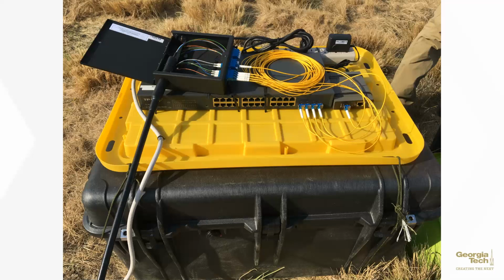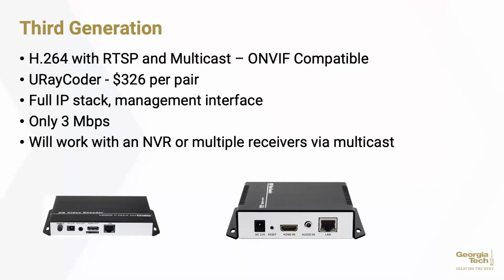So our 3rd generation solution, and the one that we're going to use for SCinet, are these boxes from URayCoder. And this is a big step up, both in terms of price and in terms of capability.